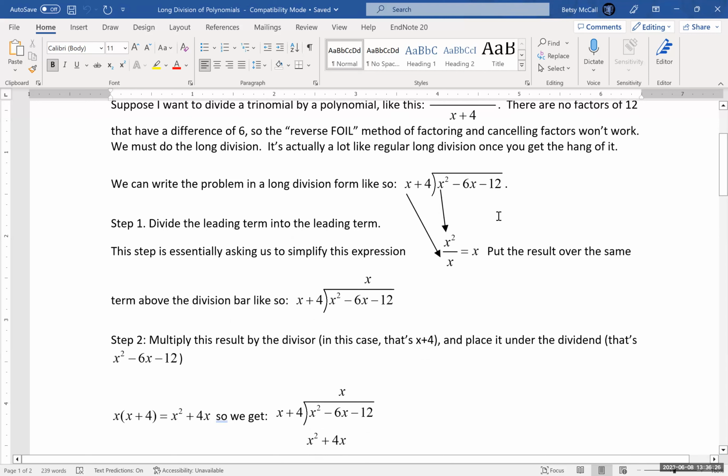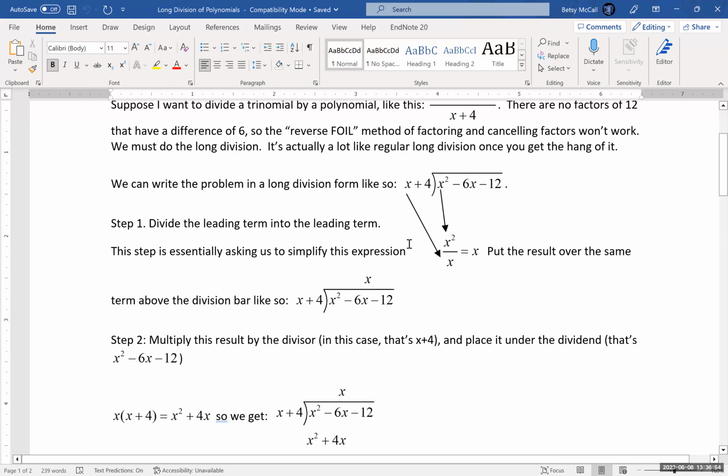When we're doing long division with numbers, we think about just the first digit, or the first 2 digits, or maybe the first 3 digits, depending on how big the number is we're dividing into. Here, we're just going to worry about the leading term. So we're going to divide the leading term of the numerator by the leading term of the denominator.